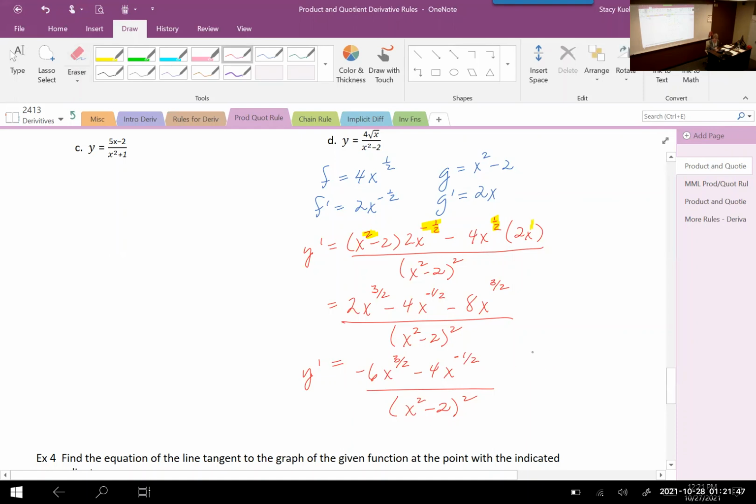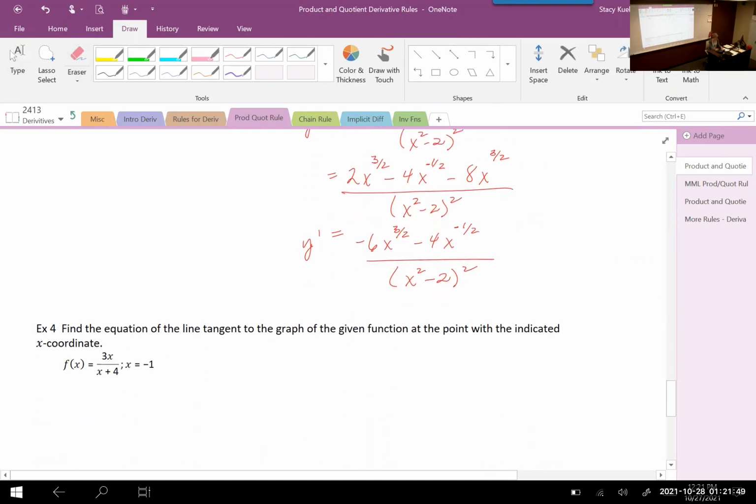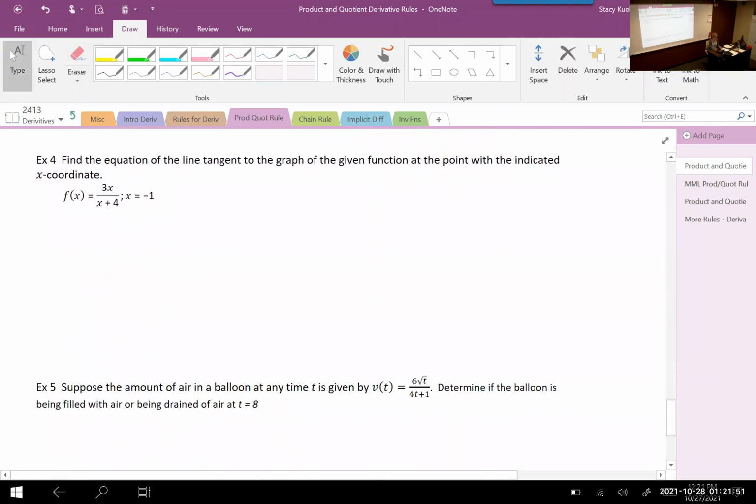Okay. Quotient rule. Now let's try that here. Find the equation of the line tangent to the graph of the given function at the point where x is equal to -1 and the function is 3x over x plus 4.